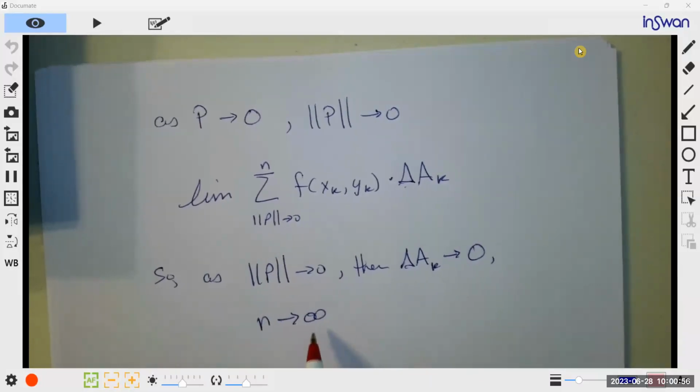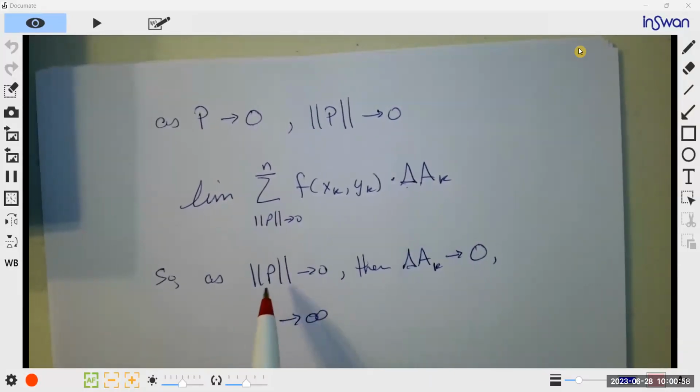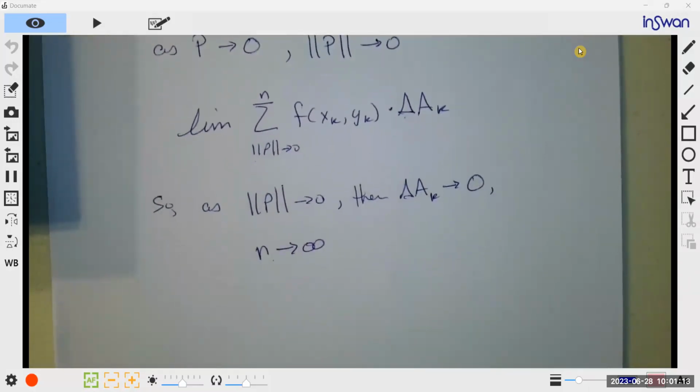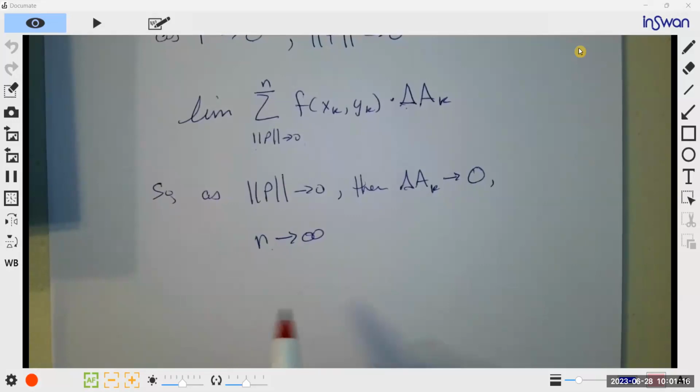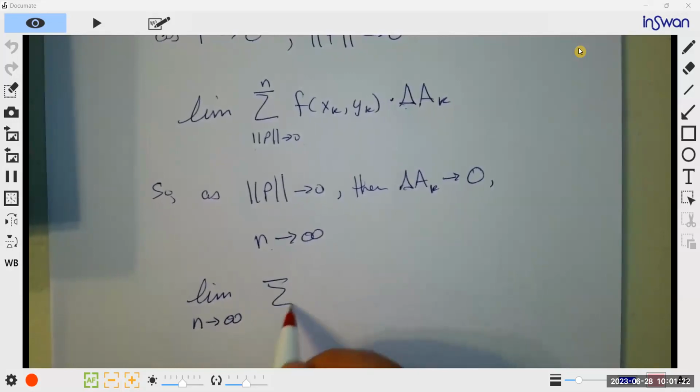The smaller we make these rectangles, the more we're going to have. So as our norm goes to 0 results in the number of these partitions going to infinity, which will give us this.